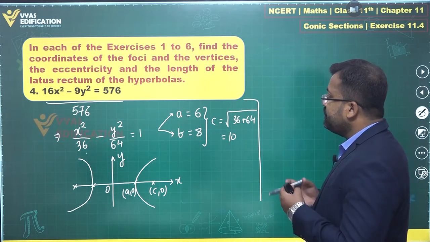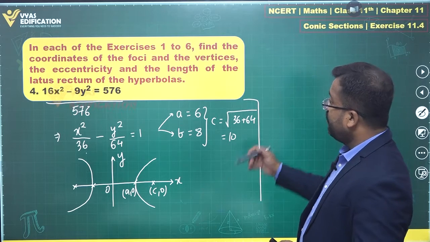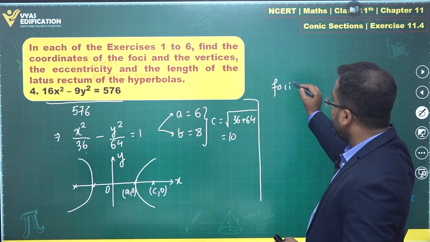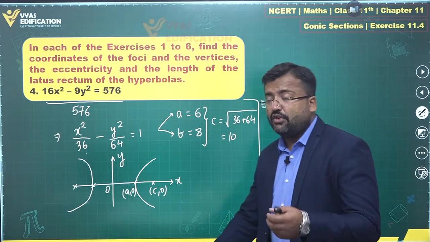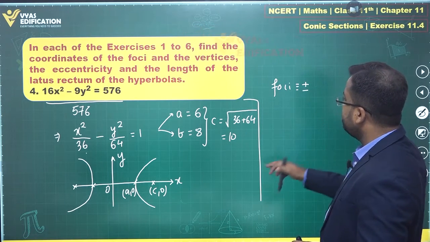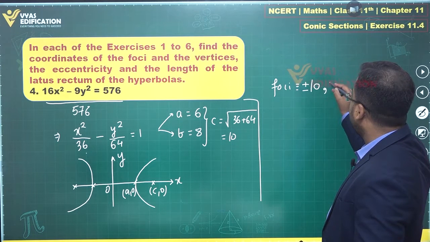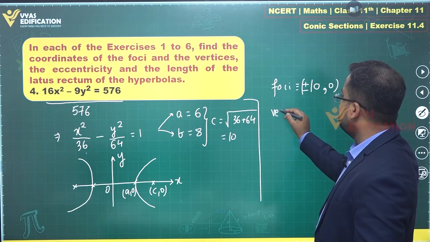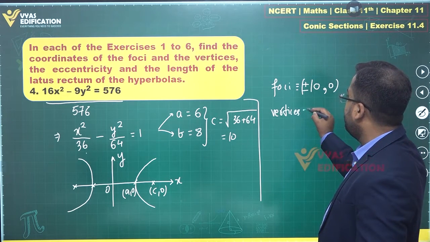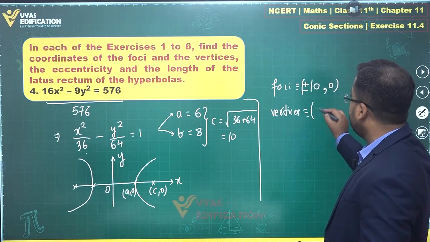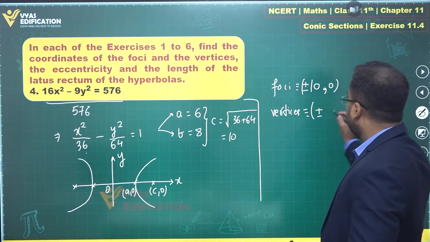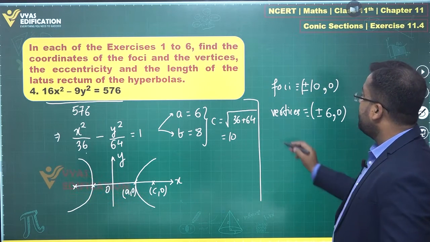Once you find these values, the next thing you want to do is find the coordinates of foci. Foci will be c comma 0 and minus c comma 0, which can be written as plus or minus c comma 0. Vertices, as you can see, a comma 0 and minus a comma 0, which can be written as plus or minus a comma 0.